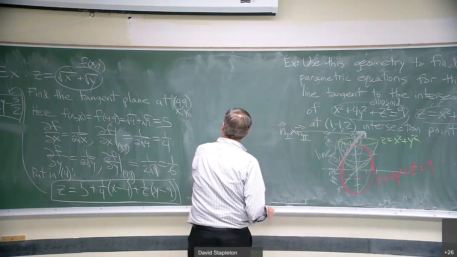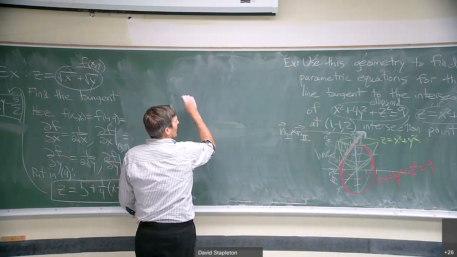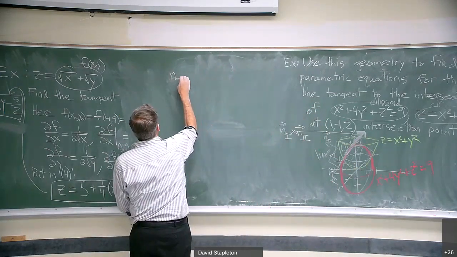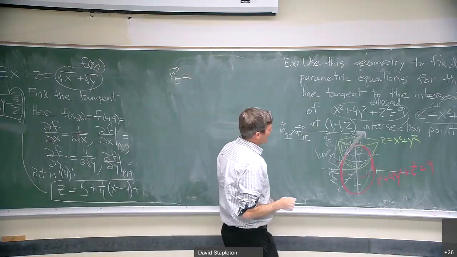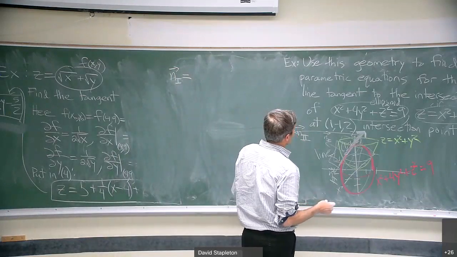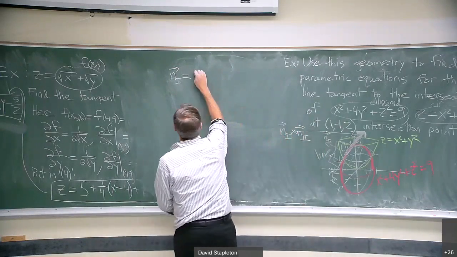All right, so let's say the normal of the first plane, N1. We don't even have to write the equation for the plane. We just need the normal vector this time. It's just gotten by taking the gradient at the point.